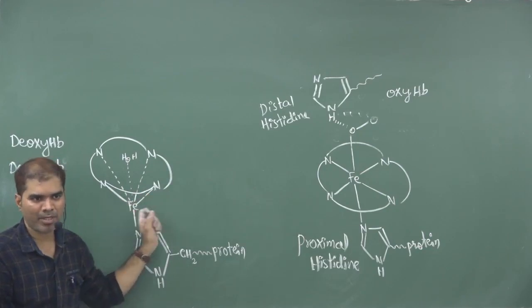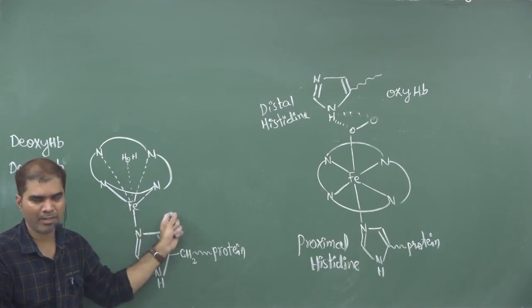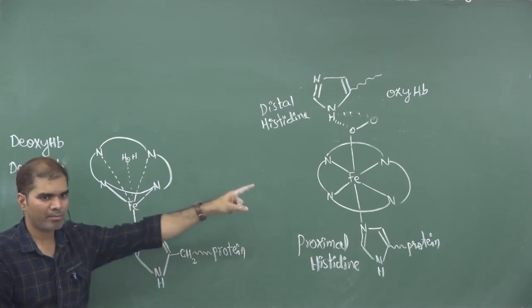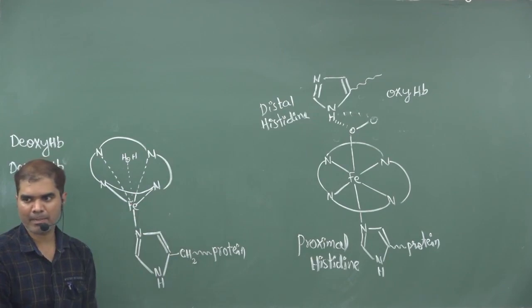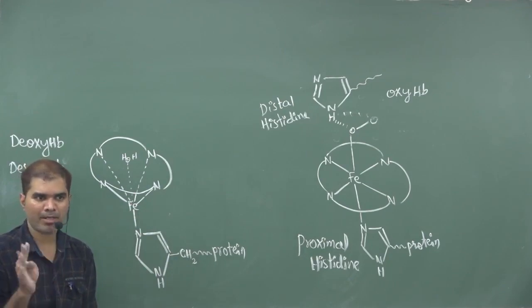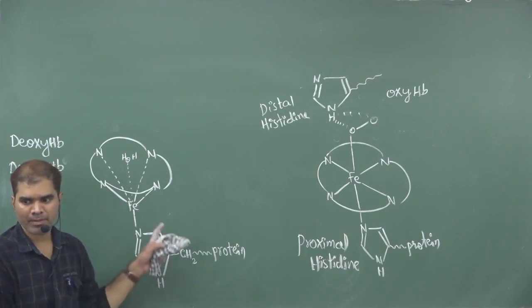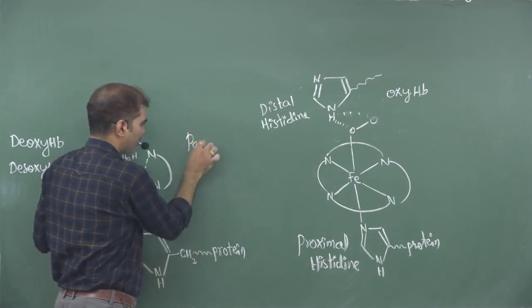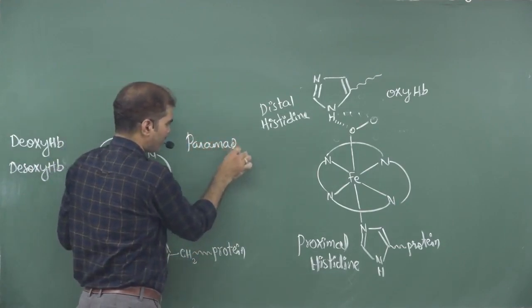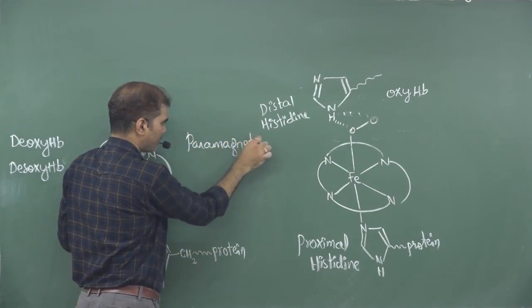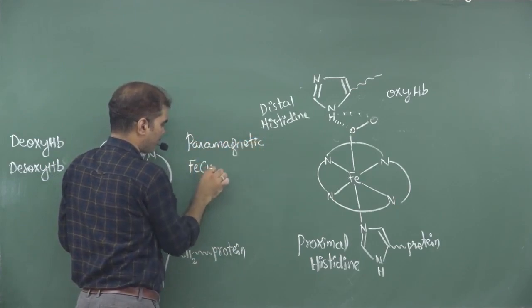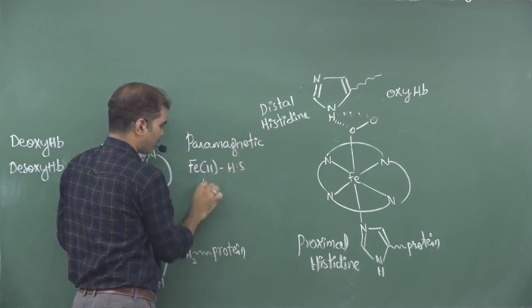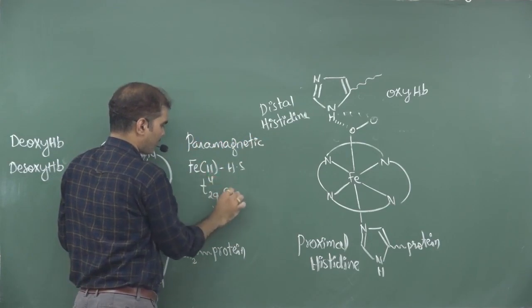In magnetic property, how many unpaired electrons are found here? What is the magnetic property of that? First you tell me the magnetic property. Based on that, we'll analyze the number of unpaired electrons. This one is paramagnetic. Okay, what will be the magnetic moment?